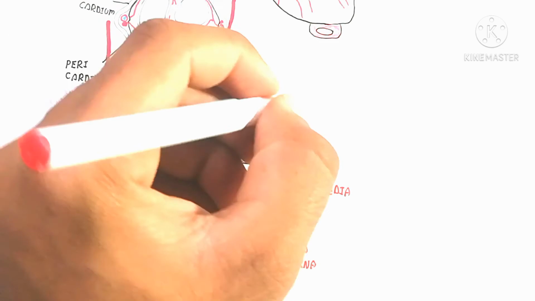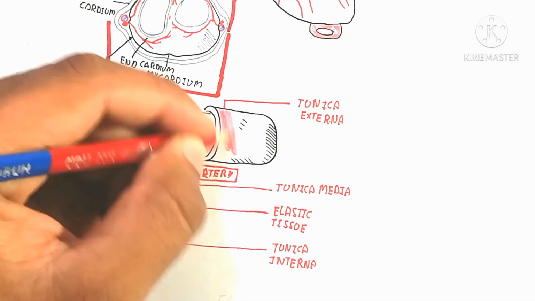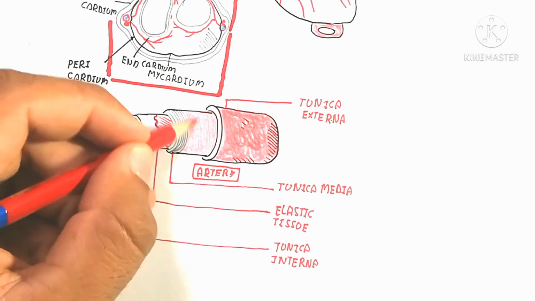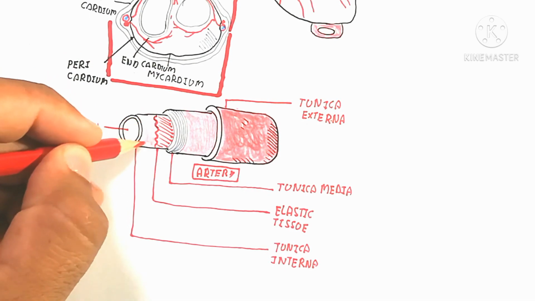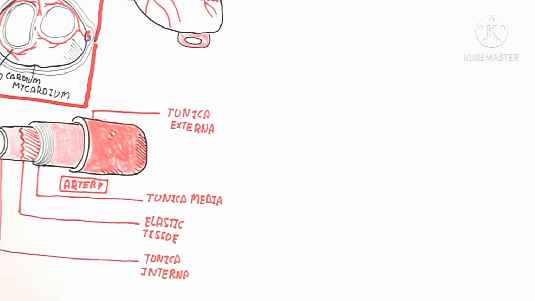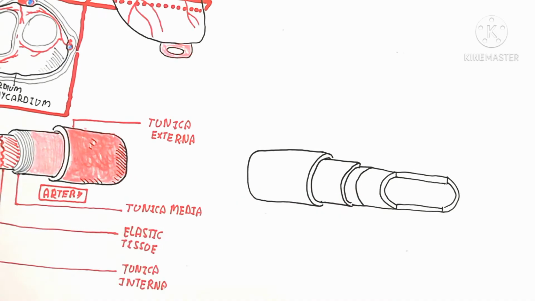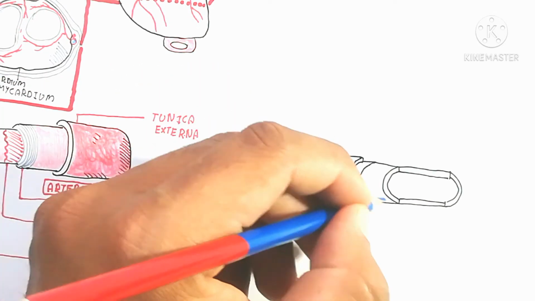The tunica media is a thick, muscular wall, and the elastic tissue is shown in the red line, and the pink line is known as the tunica interna.